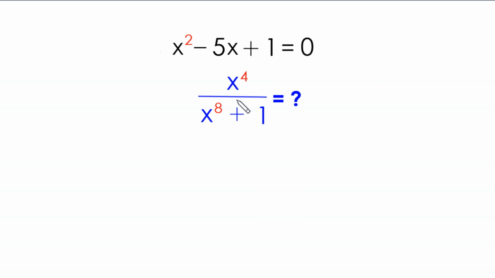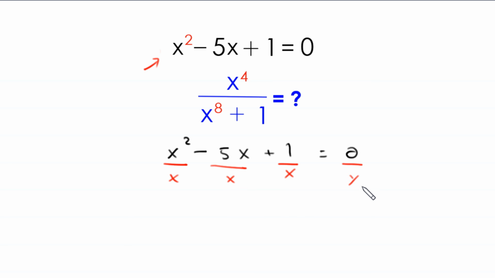So let's start from this equation. The equation is x squared minus 5 times x plus 1 equal to 0. First we divide the whole equation by x. We divide each term of this equation by x, like this: x squared divided by x, negative 5x divided by x, 1 divided by x, and 0 divided by x.